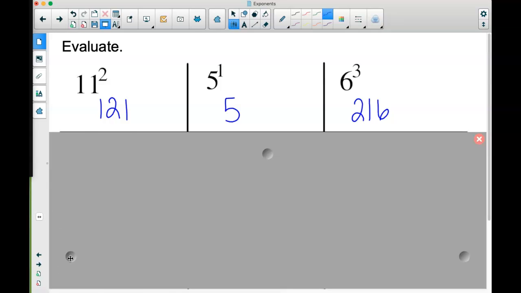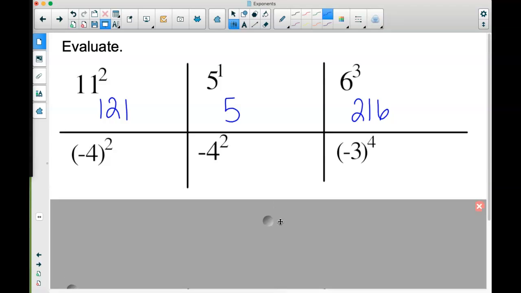Okay, how about this one? Let's try these three. Just do the first one. What is negative 4 to the second power? Enter that answer in the chat. Negative 4 to the second power. Be really careful with parentheses. So I'm seeing two answers here.